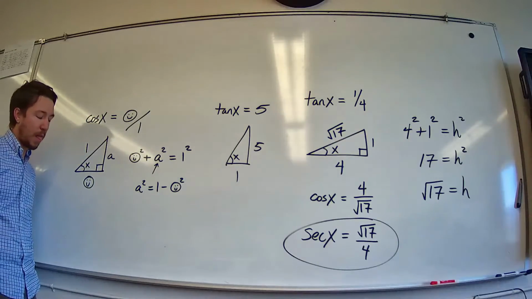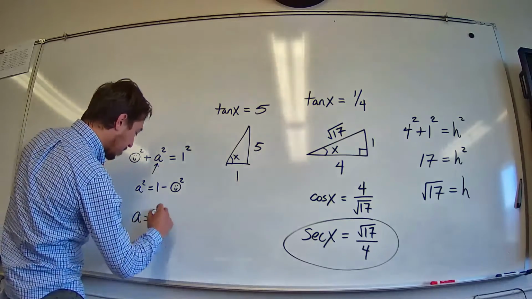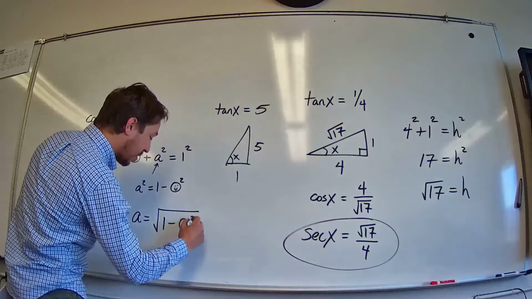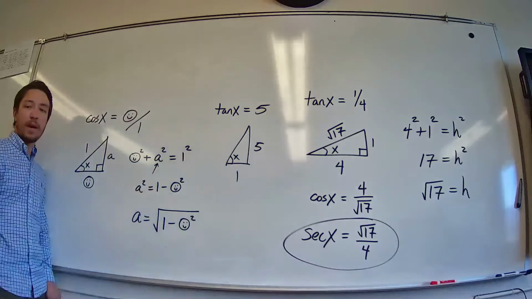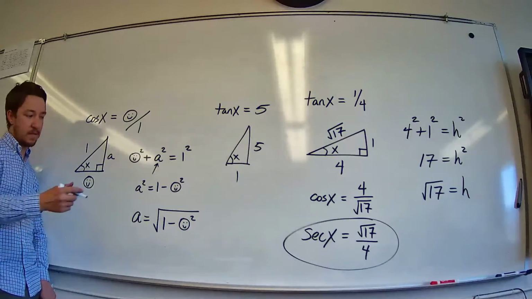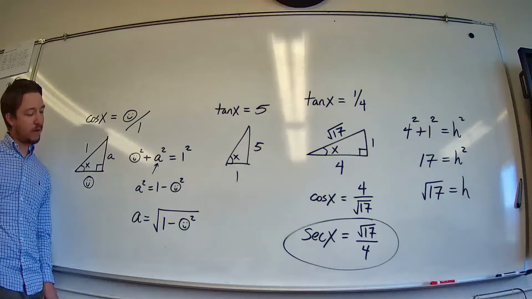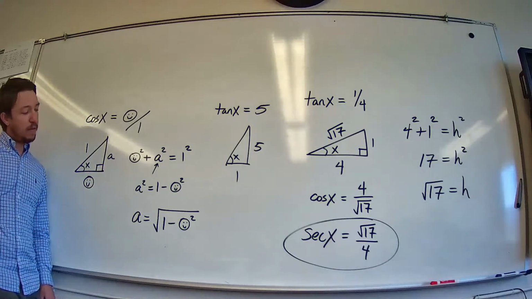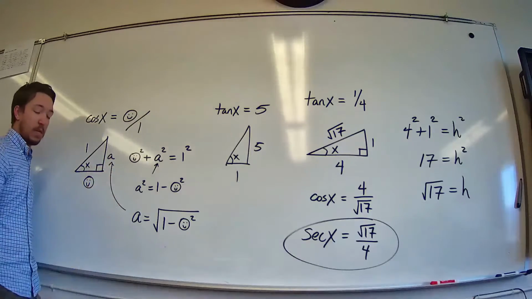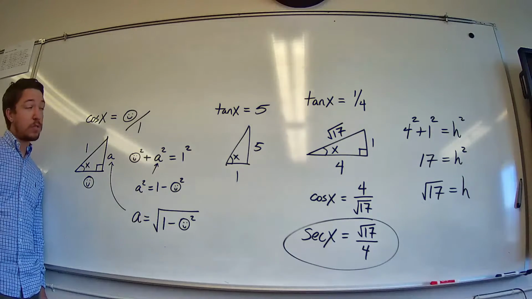Then what? Square root. Don't make the rookie mistake of trying to turn this into 1 minus the value. That's not how square roots work, right? You can't distribute the square root over the subtraction. That's just not how it works. So there you go. That must be the size of that third side.